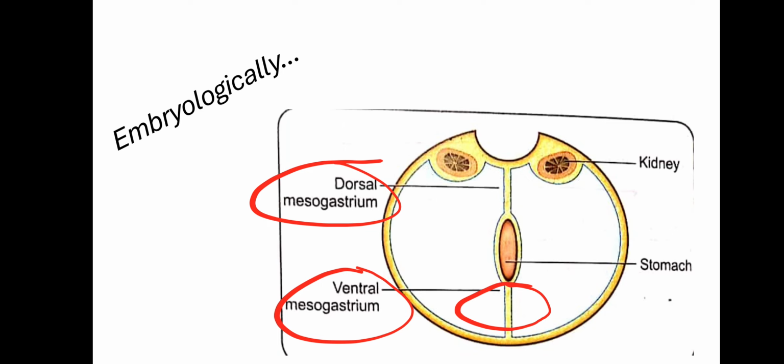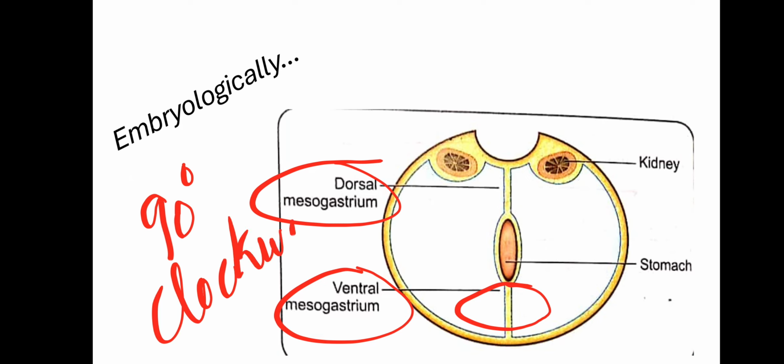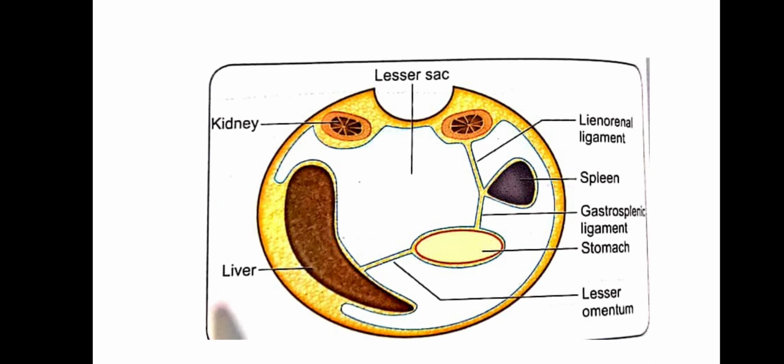And then the stomach took a turn. How many degrees? About 90 degrees. Clockwise or anti-clockwise? It took a clockwise 90-degree turn, so that the ventral mesogastrium moved on to the right and the dorsal mesogastrium moved on to the left.